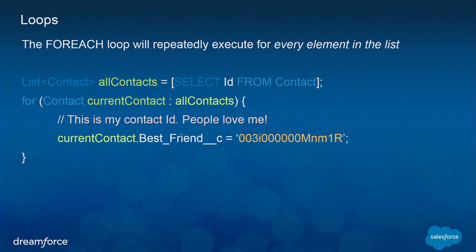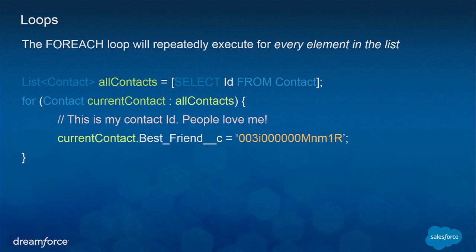And then in the for statement, the parentheses, you guys know parentheses from doing formulas, so that's nothing new for you. The for statement is actually a special notation with the colon in between. It tells you that you're going to create another variable, and it's a contact variable. It's going to be called current contact, and with that colon, all contacts, it's special notation for Apex, that lets you step through that list of contacts that we created.